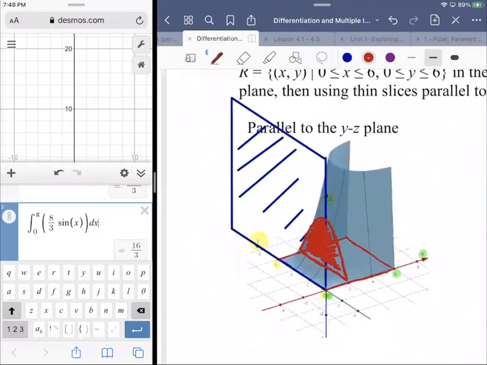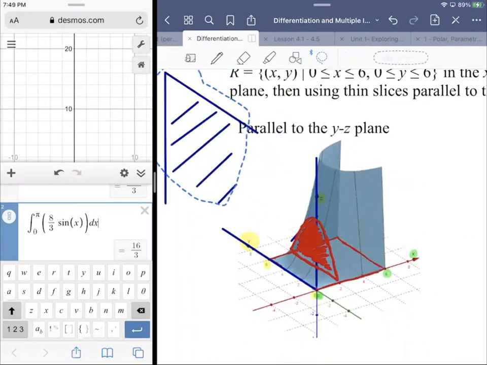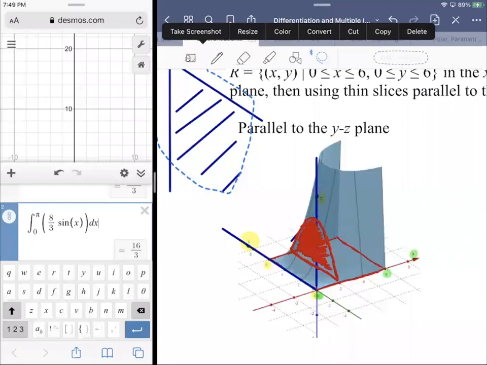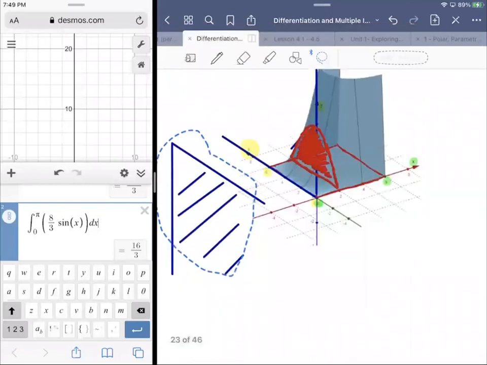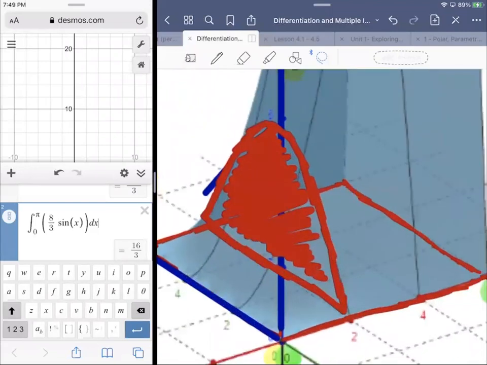I'm going to get my plane out of the way here because I think it's a little distracting. I'll bring it back in later on. I'm going to give this some thickness, so it makes it a little more obvious.